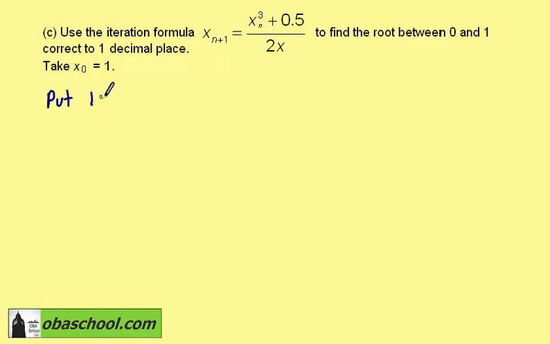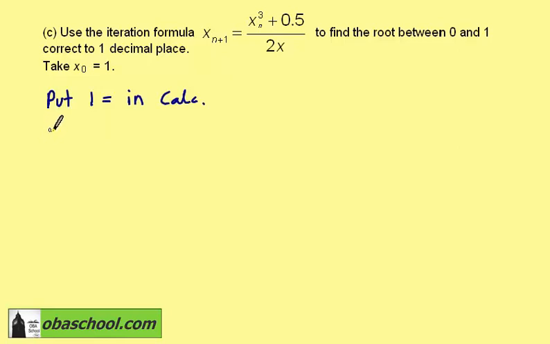So, using our calculator shortcut, put 1 and equals into the calculator. This stores 1 as the last answer. We then need to set up our formula in terms of the last answer.